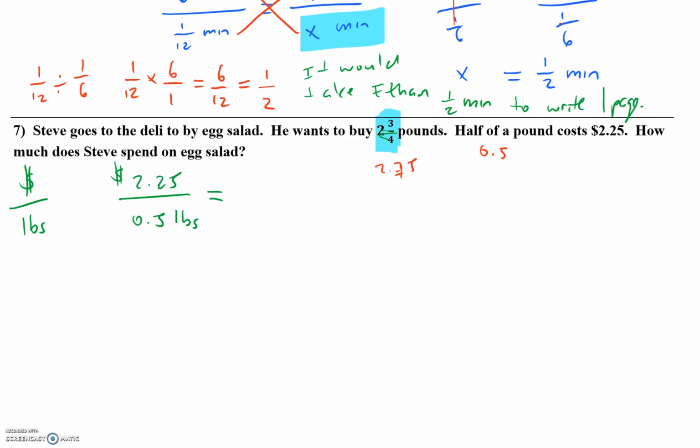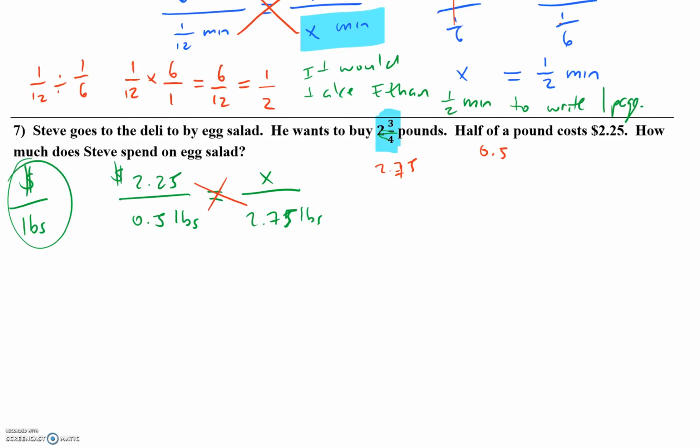All right, this is going to be equal to something that we don't know. Well, we don't know how much 2.75 pounds is. So 2.75 pounds, being consistent with what we did earlier. And we don't know how much that costs, so we're going to put x dollars. All right, so now we have our proportion. Let's just cross multiply.